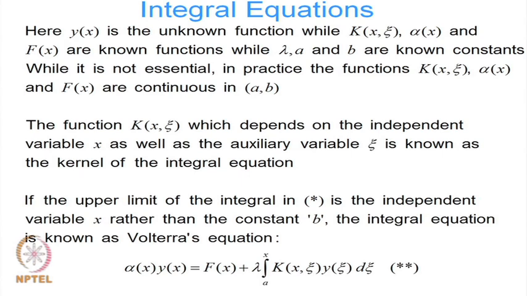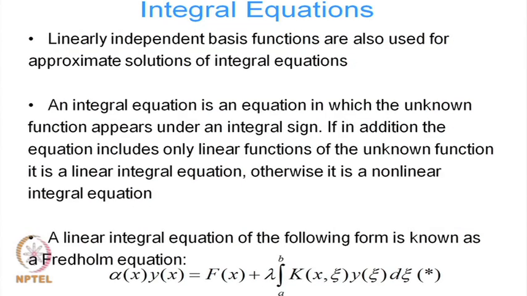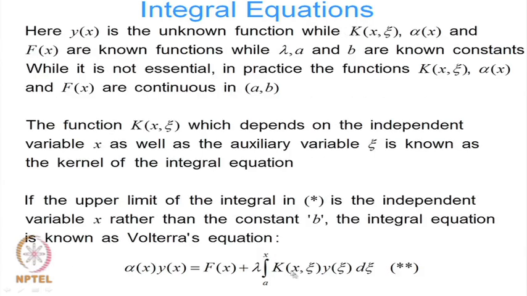So, as I said, in case of a Fredholm equation we saw that the upper limit of the integral was a constant. But in case it is not a constant, if for instance, you can see here, the upper limit is x, small x, our independent variable, rather than the constant b, then the integral equation is known as Volterra's equation.